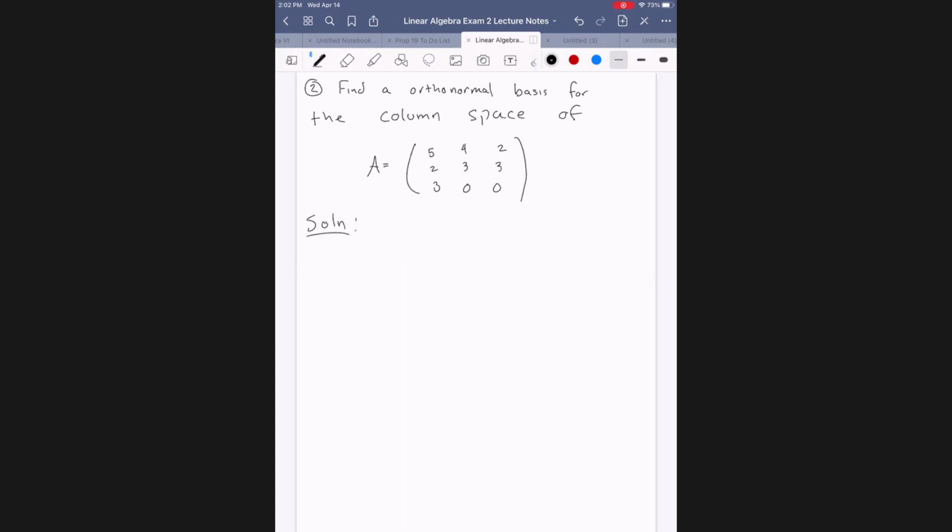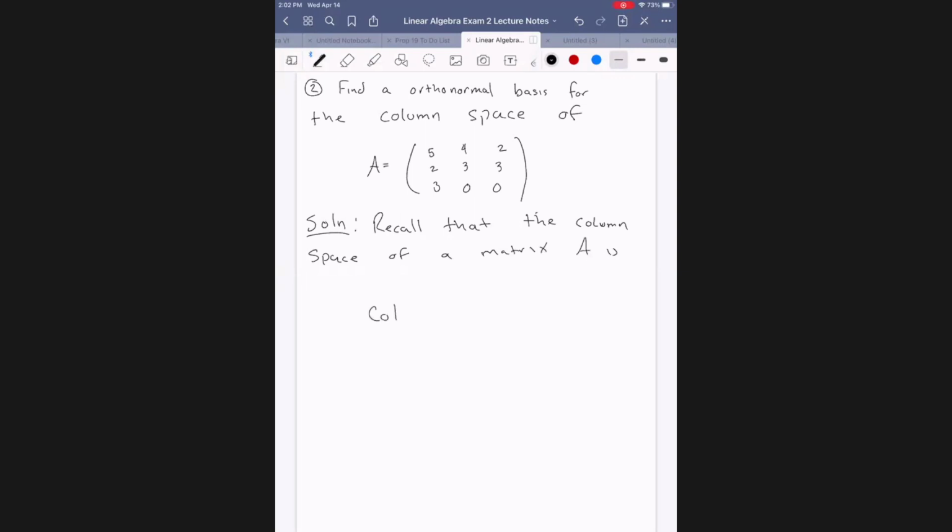So recall that the column space of a matrix A is what?